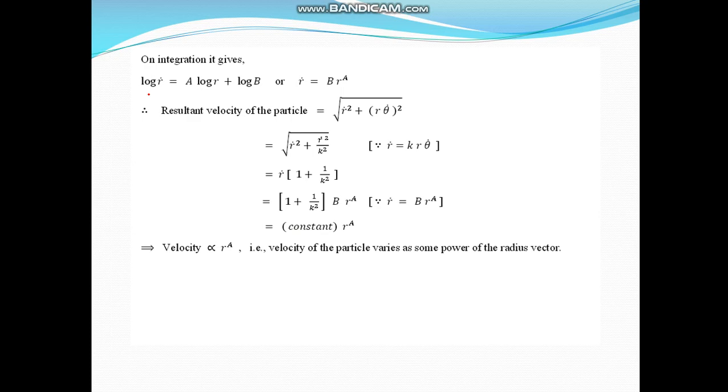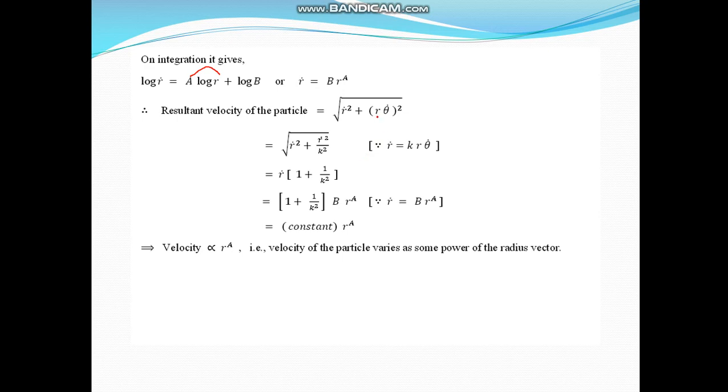So the left side will be log of r dot equals a log of r plus log of b, and from here we'll get r dot will be equal to b r to power a. Just a comes in the power, and log a plus log b is log of a into b, so we'll get this result.